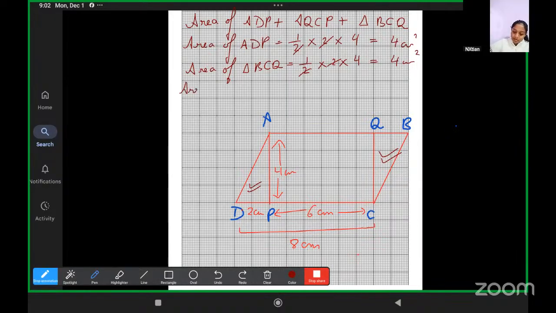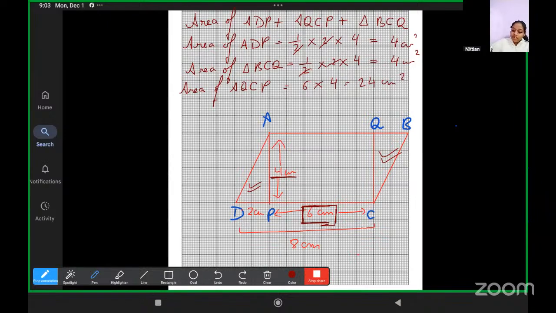Now area of rectangle AQCP. Length into breadth is the formula. 6 is the length and 4 is the breadth. 24 centimeter square.